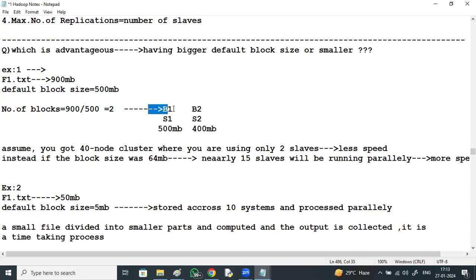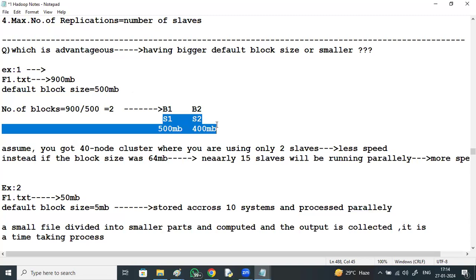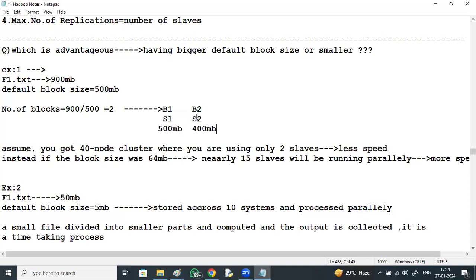Here totally 2 blocks, with 500 MB default block size. So this 900 MB file is divided into 2 blocks. The 2 blocks are stored in 2 systems. Here 2 systems are running parallelly for executing this f1.txt. I'll give a labor example. A building construction.